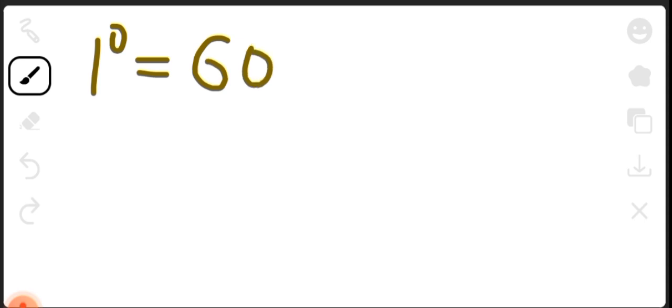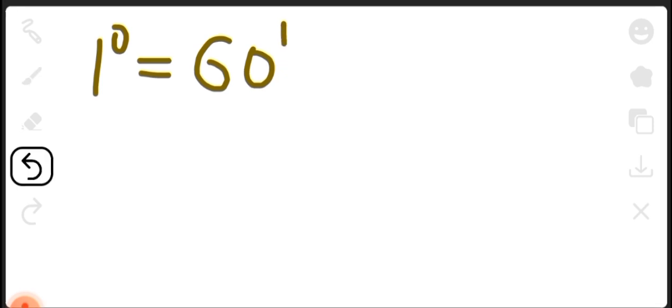For example, 1 degree is the same thing as 60 minutes. Look how we write it, just like how they write inches, feet, and so on.